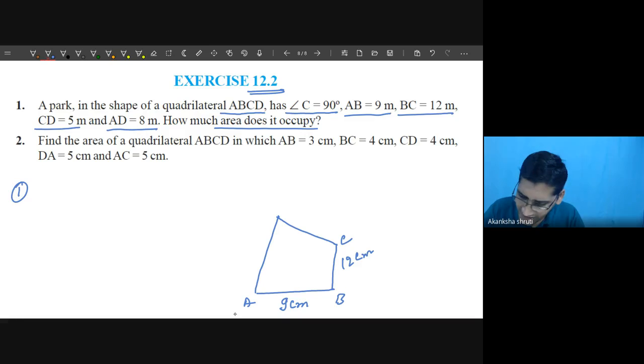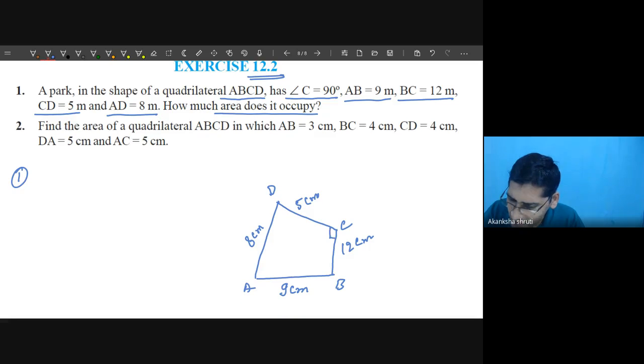Then CD is 5 centimeter, though it is not on the scale, don't worry about that. And AD is 8 centimeter. It is given that angle C is 90 degrees.